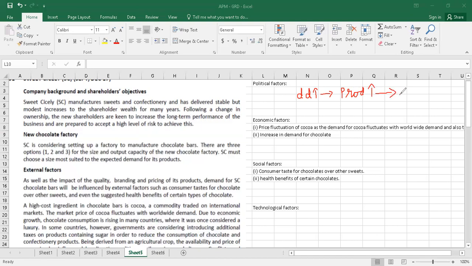When employment opportunities are available, people will find work and their income also increases. And this will in turn increase the income that is available with people. So more disposable income will be available with people.